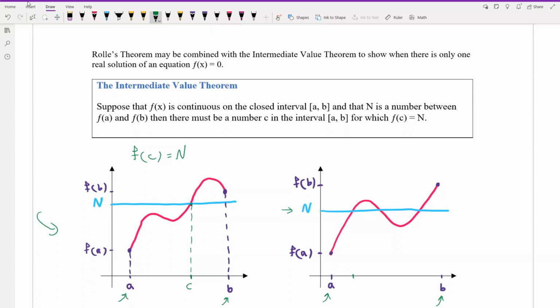So here we can have this point, drawing this vertical line, trying to cross this point. So here what we have is f of C1 is equal to capital N. We have more than one. So here is C2.